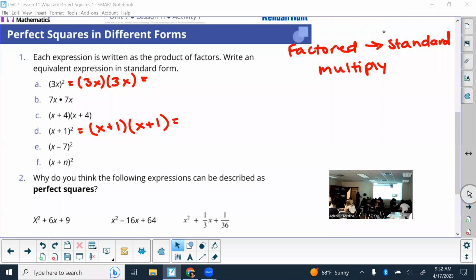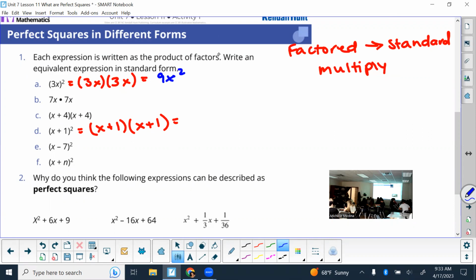What did you get for A? Class, do we agree, disagree? It should be a 9x squared. Oh, yeah. Alright, because x times x is x squared. But yeah, I would agree. Good job.